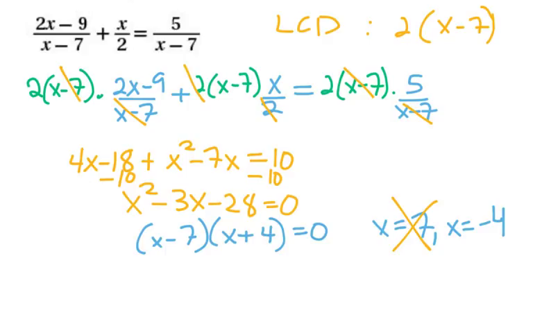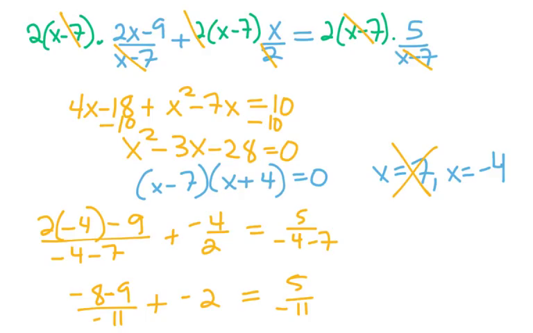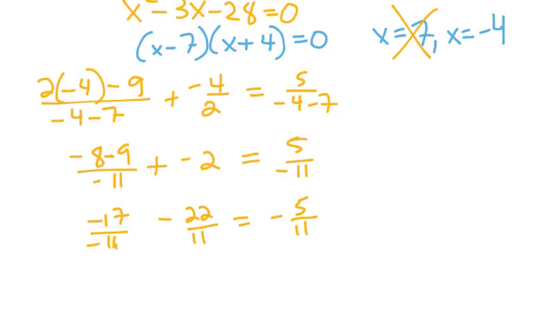I can check negative 4 in my equation. Plugging in negative 4 for x, you can see I've done the work here. I end up with a positive 17 over 11 minus 22 over 11 equals negative 5 over 11. This is true, so I know that x equals negative 4 is a solution.